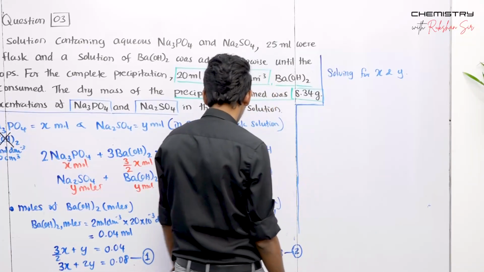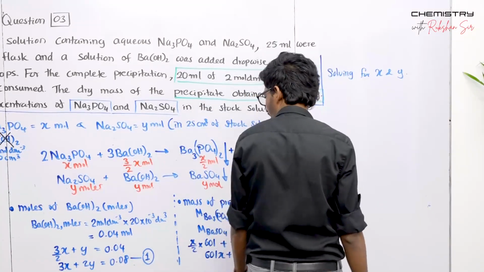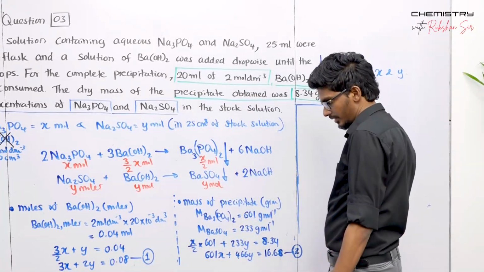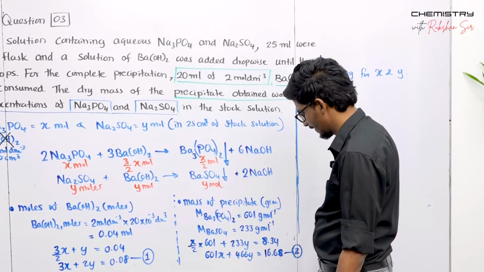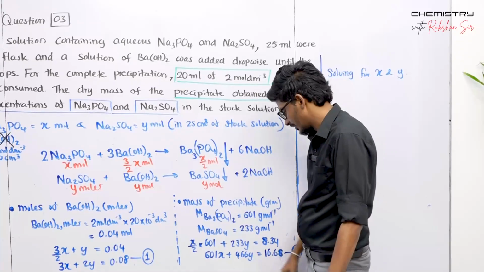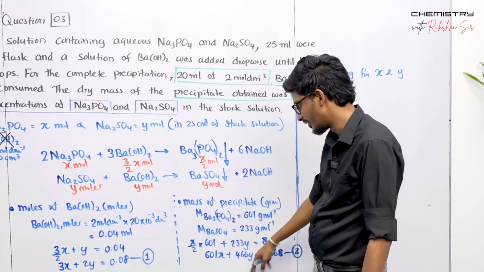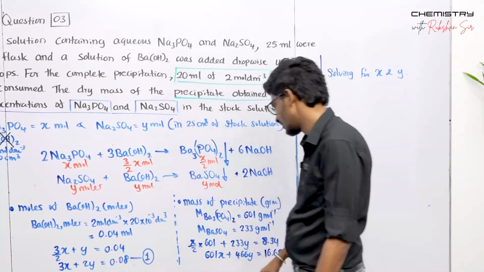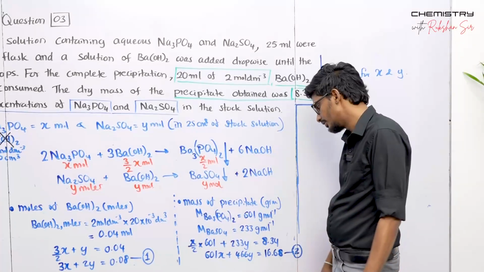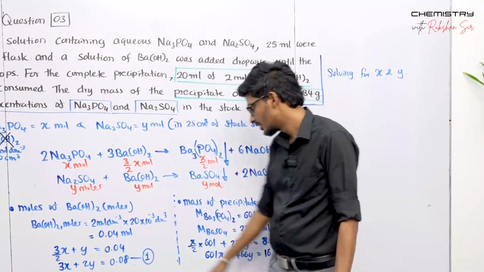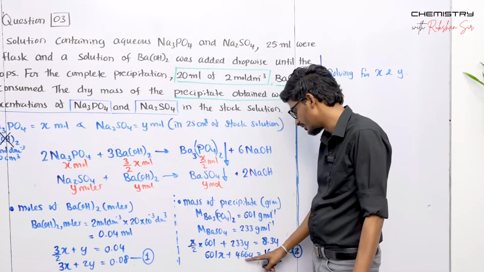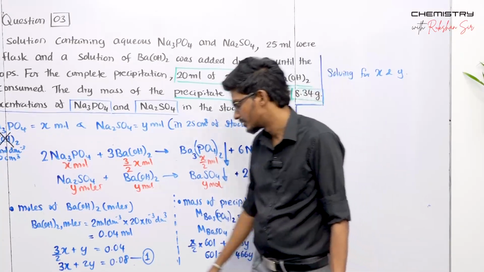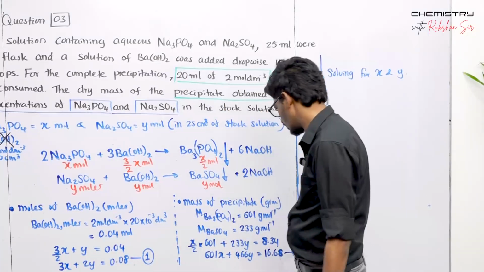So what can we do? You have 3x and 2y. Let's equalize the coefficient of y. You can multiply this equation by 233. That will equalize the number to 466. So just multiply with 233.